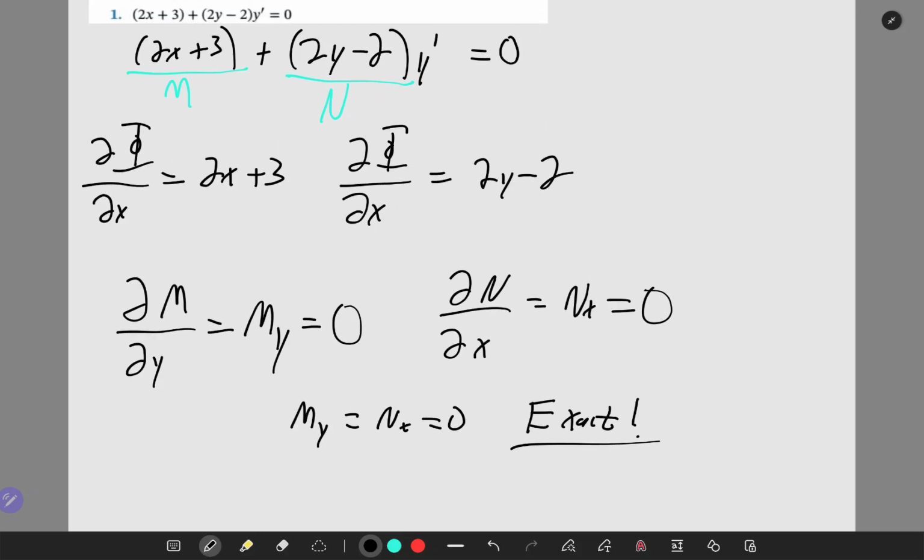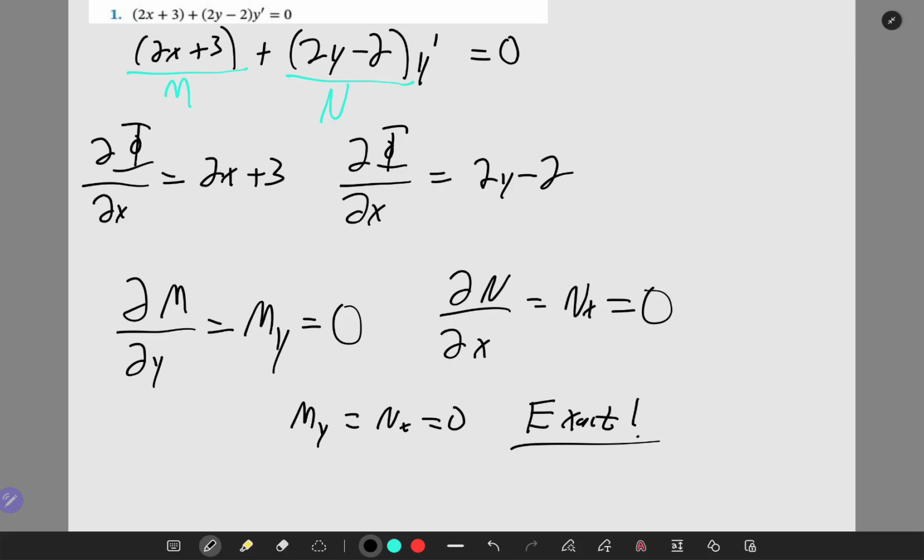My suggestion to you is you look at M and N. Whichever one you think is easier to integrate, that's the one you're going to pick to use first. Now in this case, they both are pretty much the same difficulty in integration. So I'm going to pick the M term, okay?